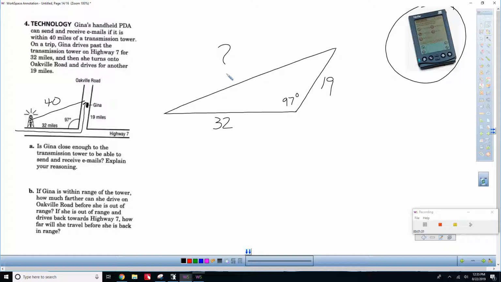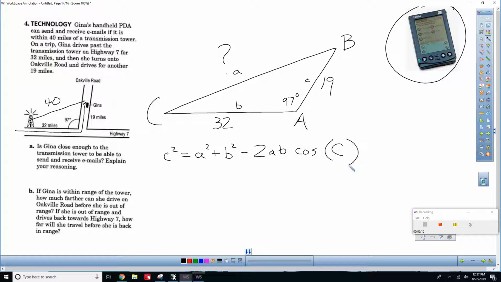This is going to be a law of cosines problem. So let's call this A, B, and C. That makes this A, B, and C. In general, the law of cosines is little c squared equals little a squared plus little b squared minus 2 times a times b times cosine of capital C. Okay, so in this case, we're looking for that.